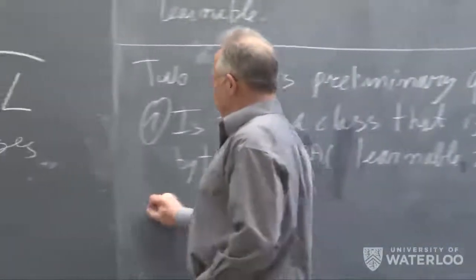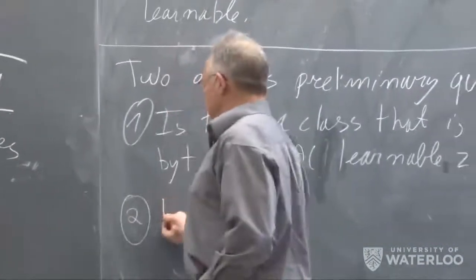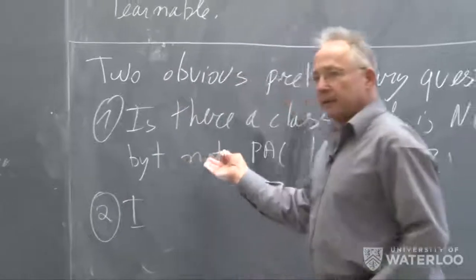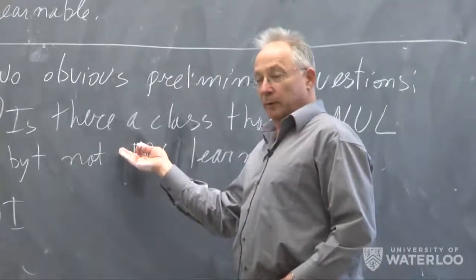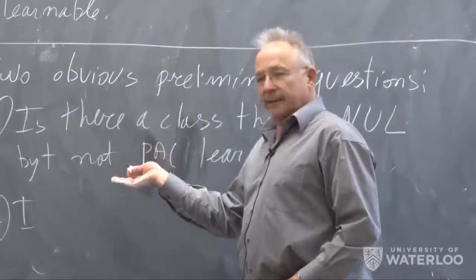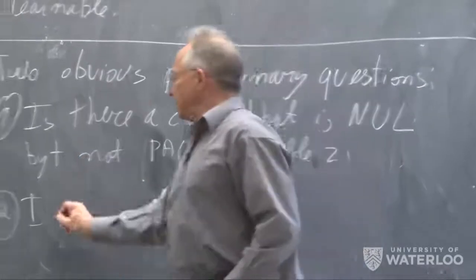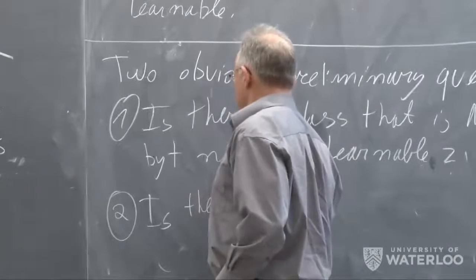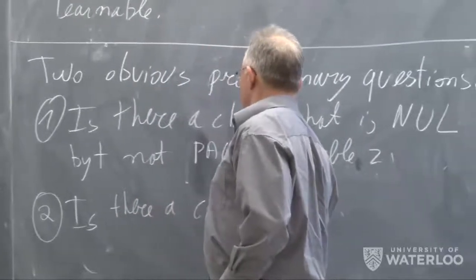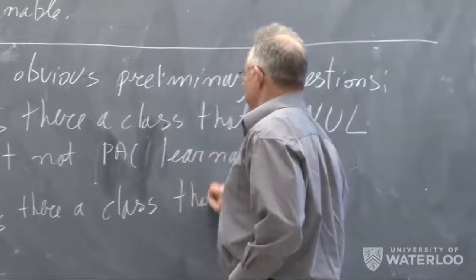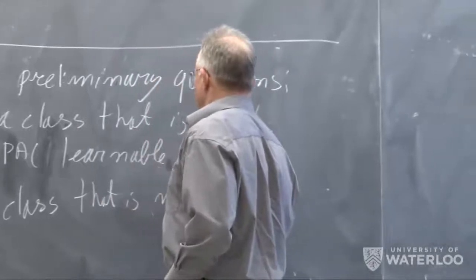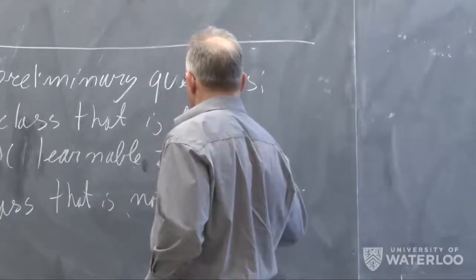And the other natural question to ask is, this is asking, did the definition buy us anything new? We can also ask, did the definition not go too far? Is there a class that is not non-uniformly learnable?